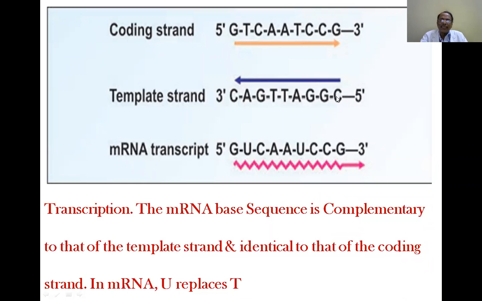Say this is a gene which starts with cytidine, guanine, adenine, and so on. When cytidine is there, immediately it should be guanine. When guanine is there, cytosine must be there. When adenine is there, normally in DNA, thymine will come. But in RNA, what should come? Uracil.